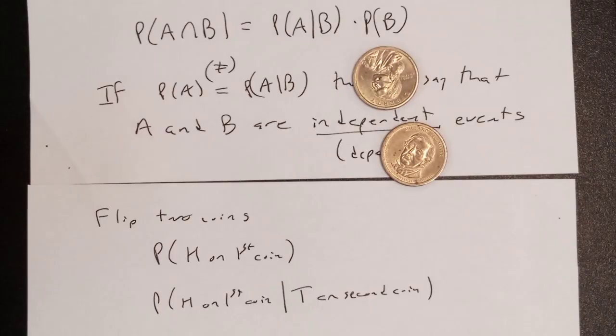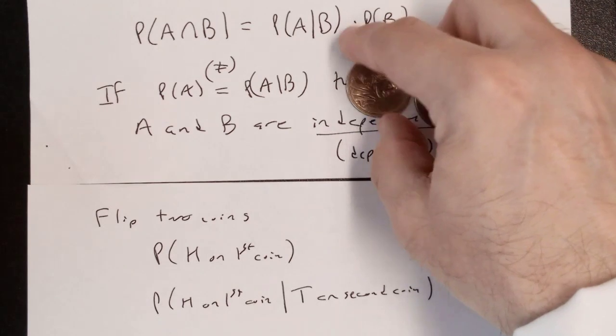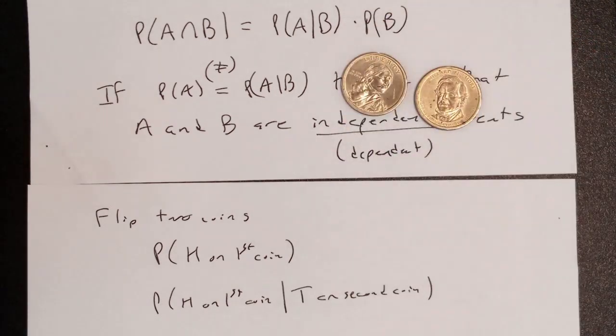I brought two. But what is my sample space? What are all the possible things that could happen when I flip these two coins? Heads or tails. We're going to go with the real ones. It's either going to be heads or tails.